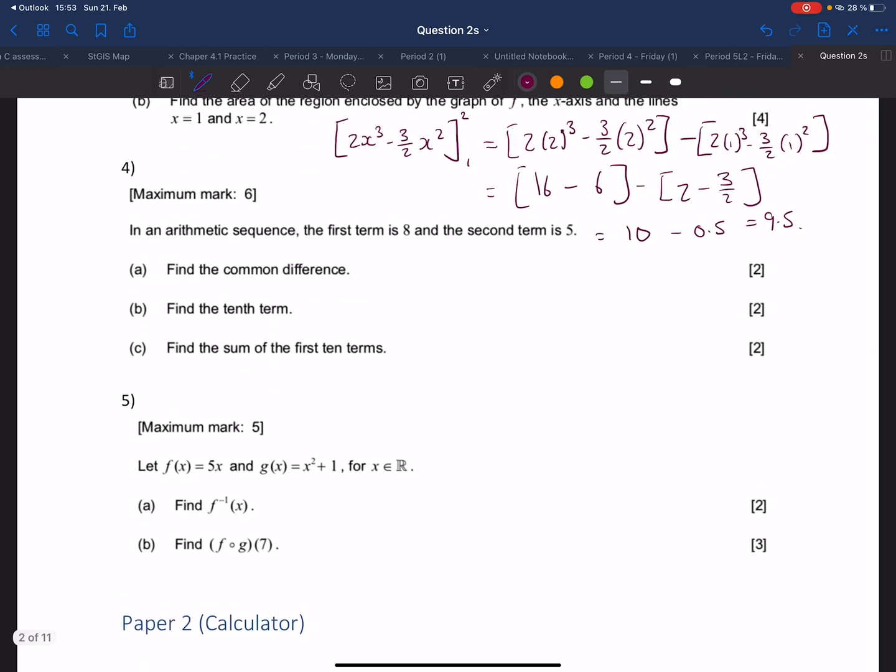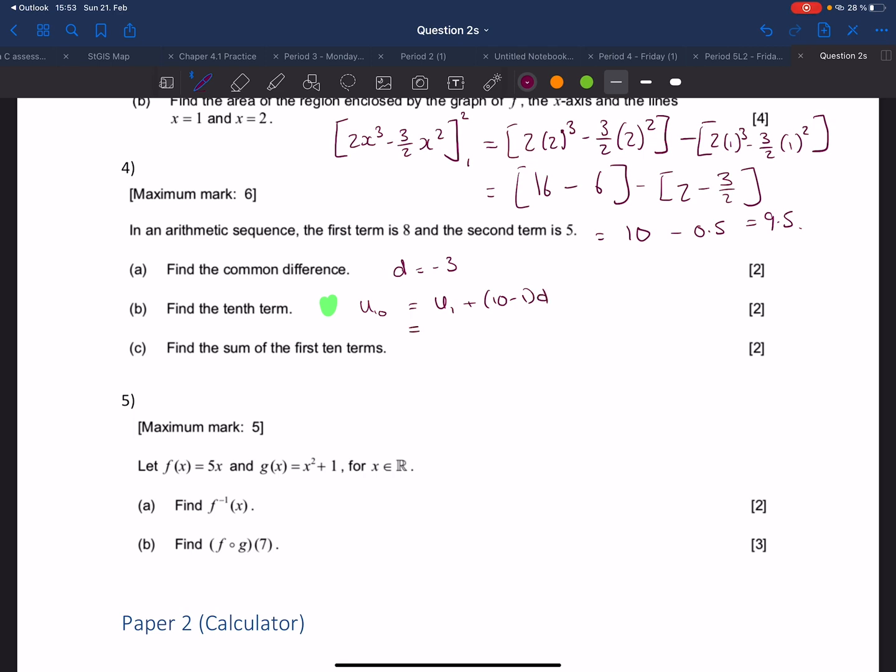Right, carry on. So question number 4 says we've got an arithmetic sequence. The first term is 8 and the second term is 5. Find the common difference. Well, it's been reduced by 3 in that time, so my common difference is minus 3. Then it asks us to find the 10th term, which is U10. U10 is going to equal U1 plus 10 minus 1 times our common difference.